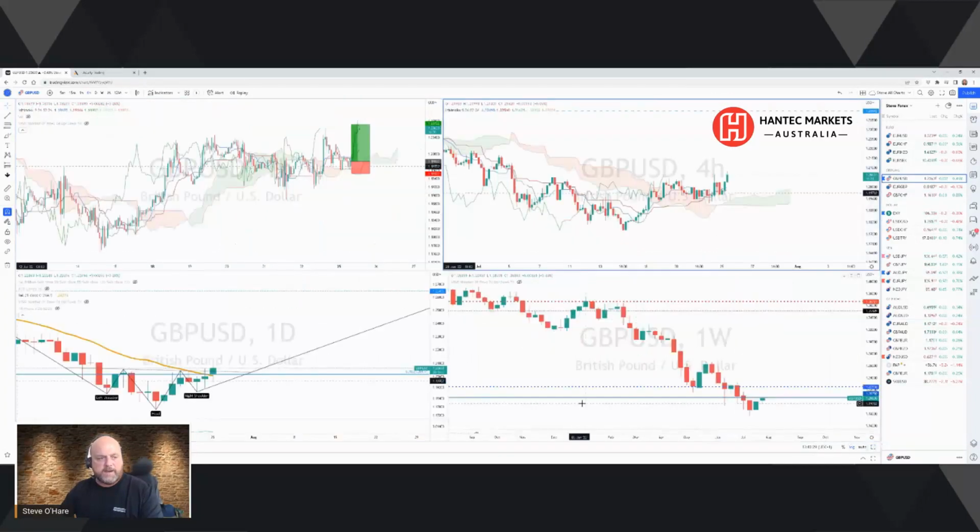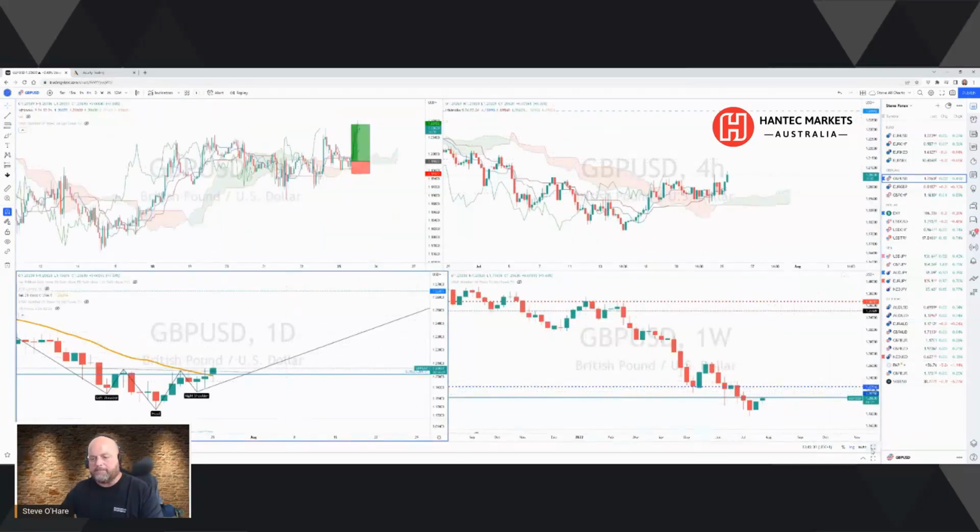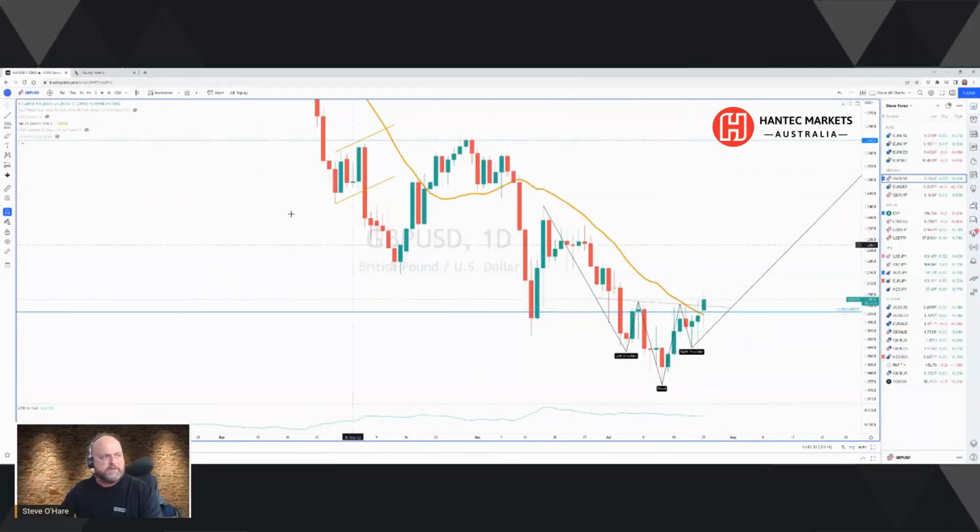So if we go back to this inverse head and shoulders formation, if we do manage to get a stall in the market here, we can provide a measured move target of a potential move back up to 123.40. Those are the real technical levels that we're looking at the moment.